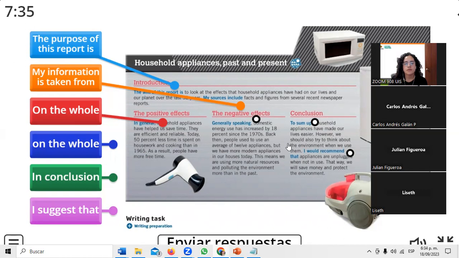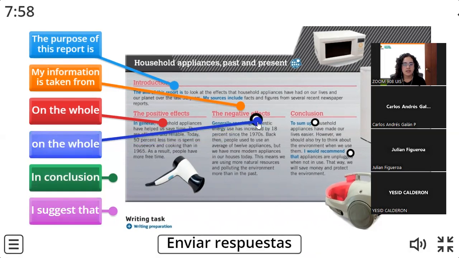But we have more modern appliances in our houses today. This means we are using more natural resources and polluting the environment more than in the past. So, what is the option? Again, on the whole? Yes, on the whole. Yes. All right.